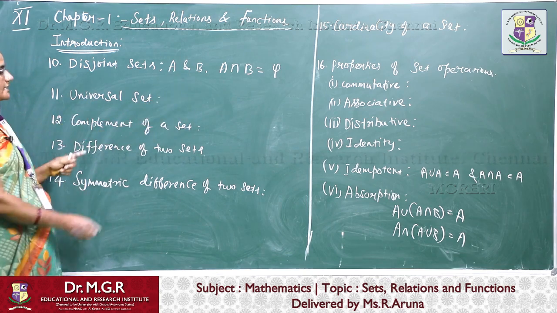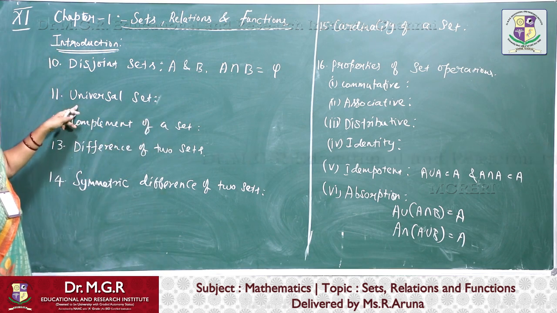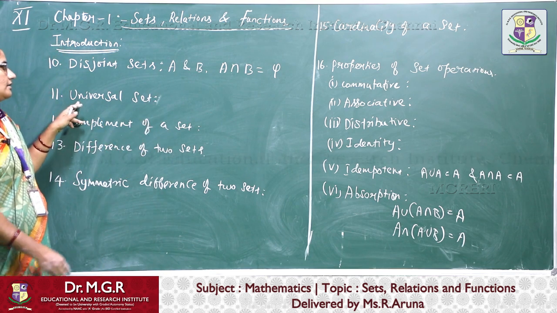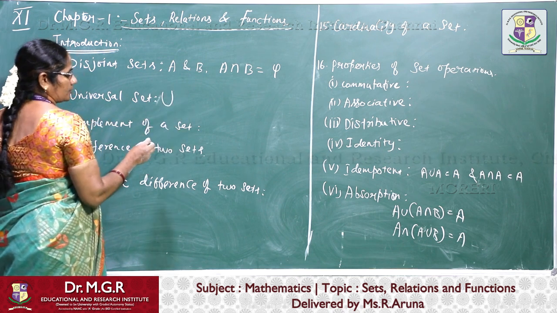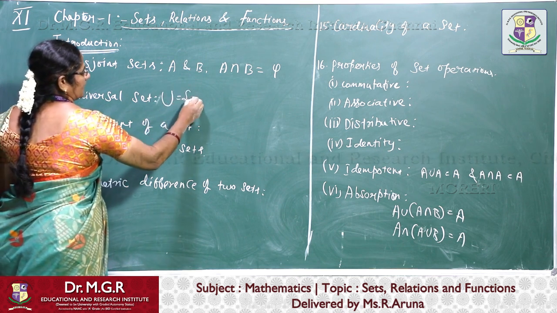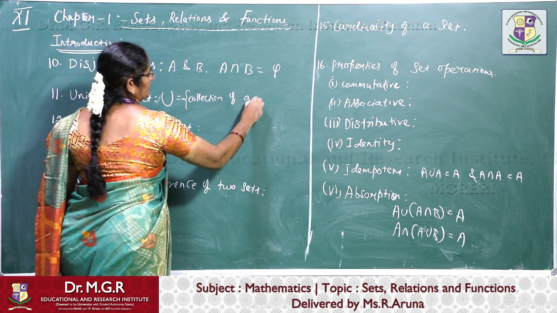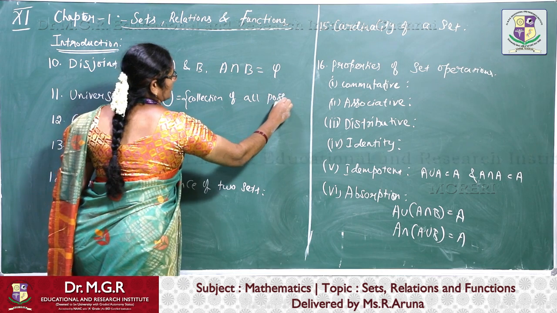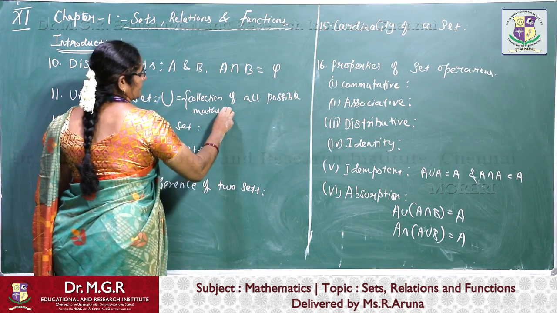Next we see what is a universal set. This is a very important set to define here. So universal set is always denoted by U. It is the collection of all possible mathematical combinations.